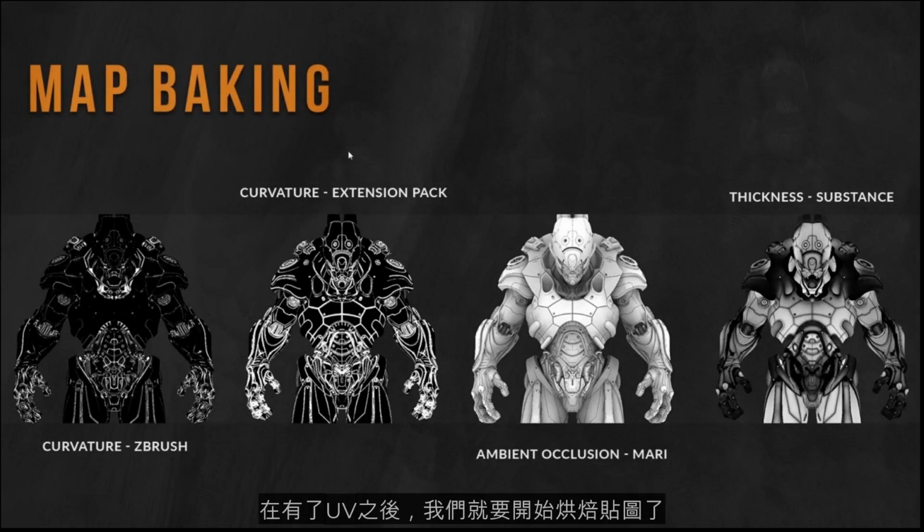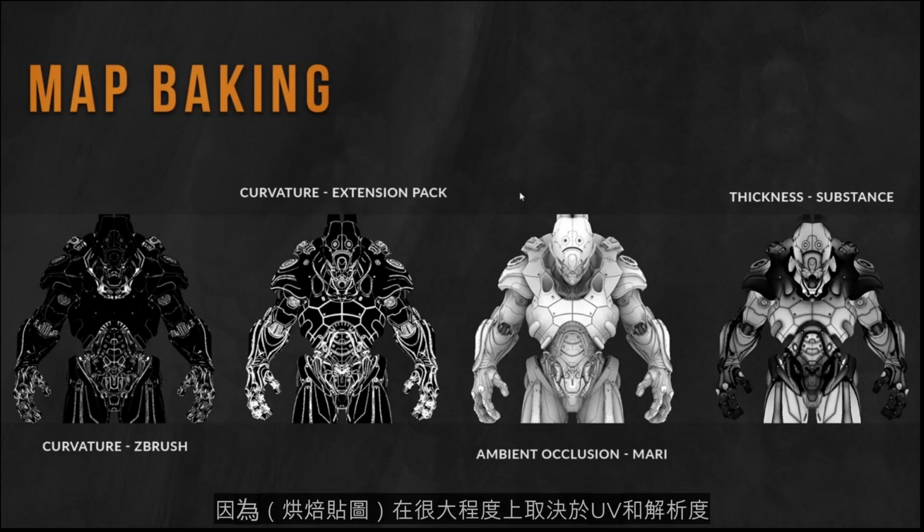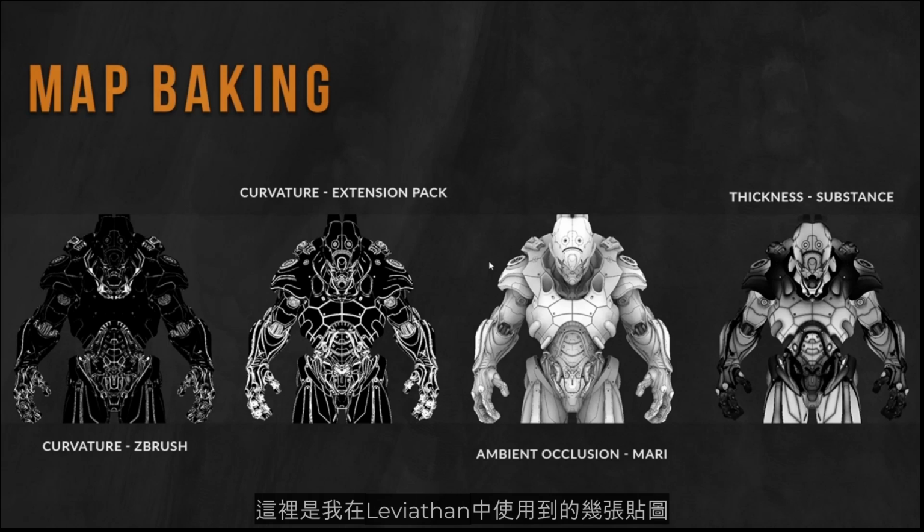So after we have our UVs, we're going to start baking our maps. This is another important thing. Having good UVs will also help you get good baked maps, because it depends a lot on the UVs and the resolution you have. So keep that in mind. This is just a few maps that I used for Leviathan.